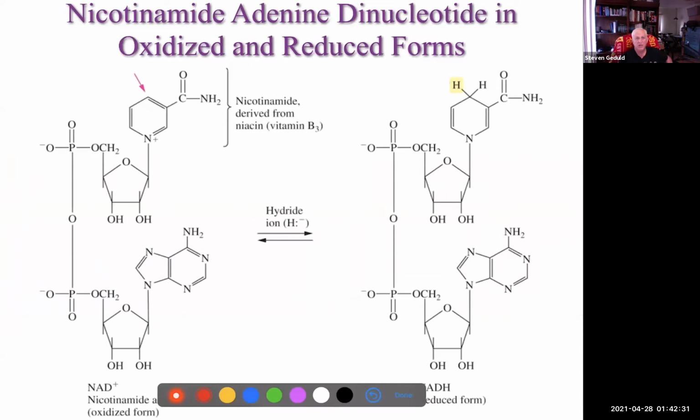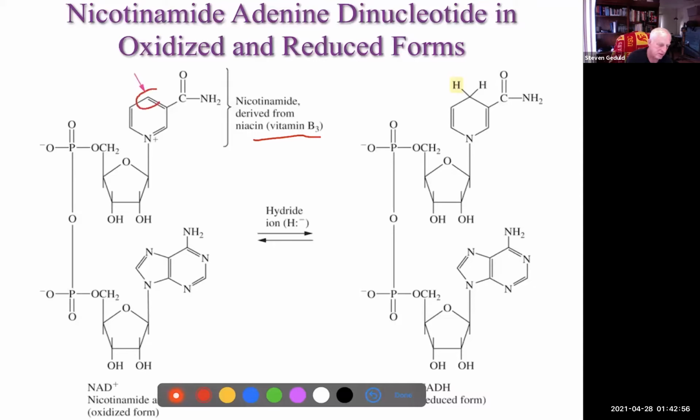So, nicotinamide adenine dinucleotide, NAD. We're going to learn a lot about that as we learn about the electron transport chain and generation of ATP. NAD is derived from niacin, which is vitamin B3. This is NAD plus here.